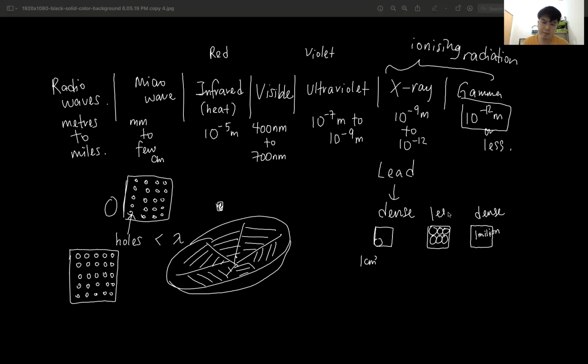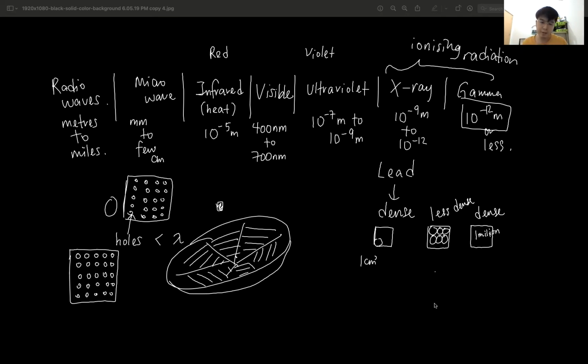This is less dense. This 1 million becomes very packed, and the spacing becomes smaller and smaller, that they can almost block the gamma ray. That is why they use lead to block the gamma ray, and not entirely. You cannot block gamma ray 100%.